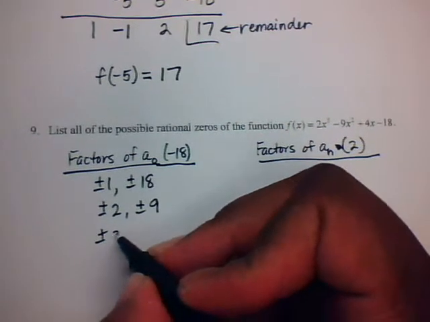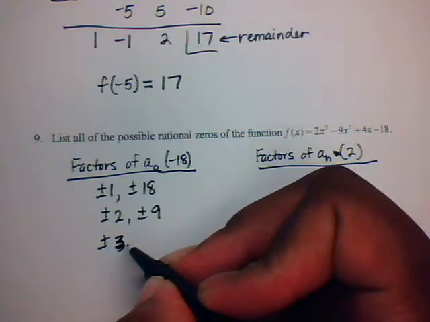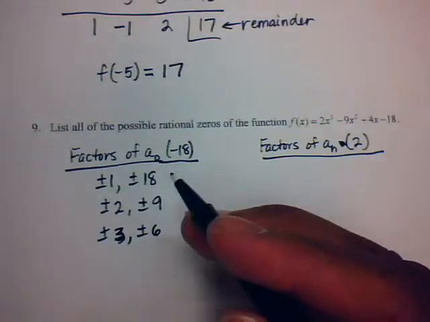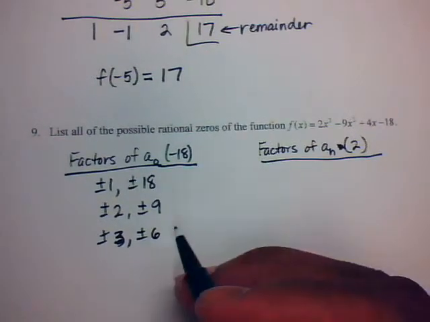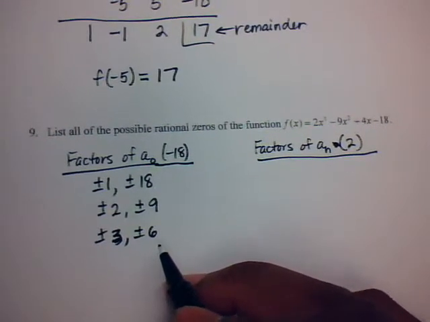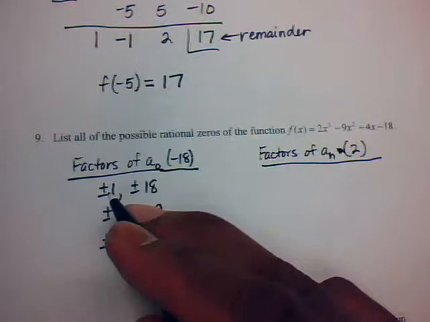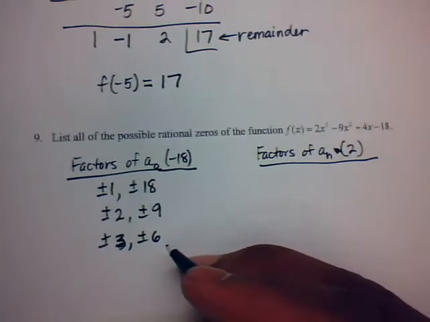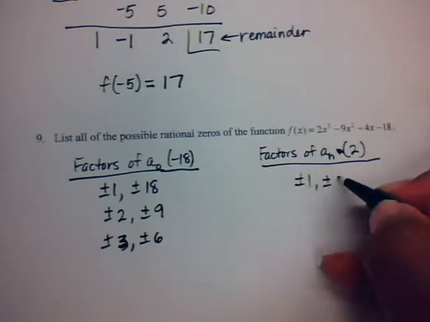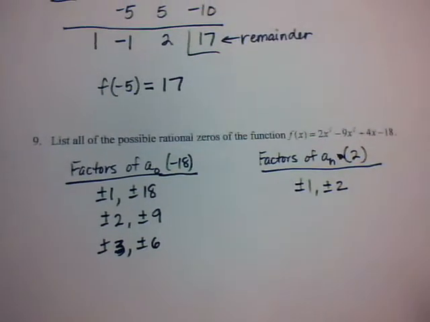And then plus or minus 3, plus or minus 6. I know 4 can't go into 18 and 5 can't go into 18, but 6 can go into 18, which is 3 times. But I do have 3 and 6 as my factors. So these are all the factors of negative 18. Now for 2, the only pairs of factors for 2 will be plus or minus 1 and plus or minus 2.